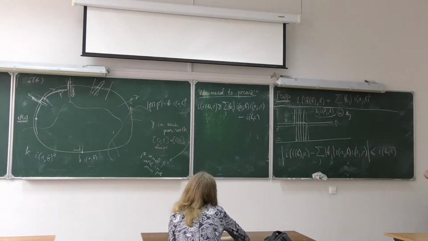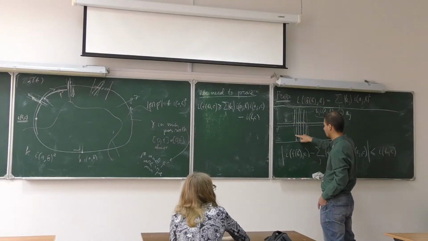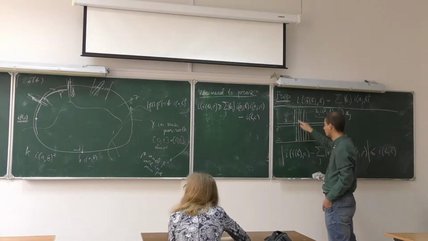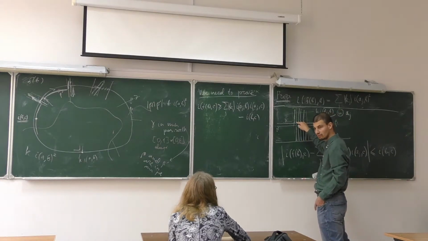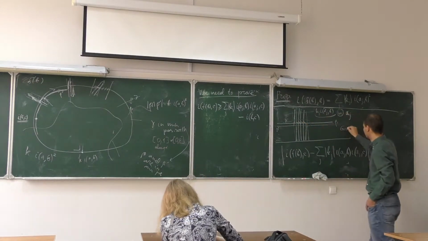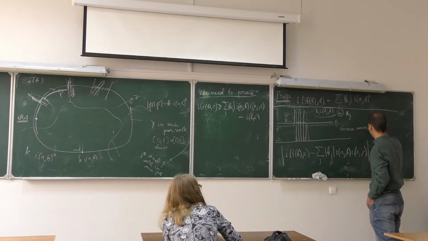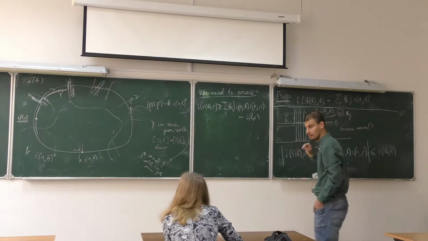After this procedure, the number of crossings on these, I consider only, actually this curve is not interesting to me. I consider only the number of crossings on these green curves, the number of crossings with gamma.